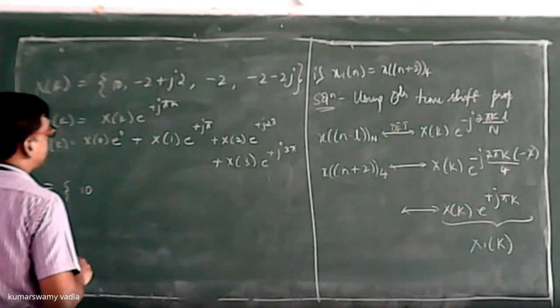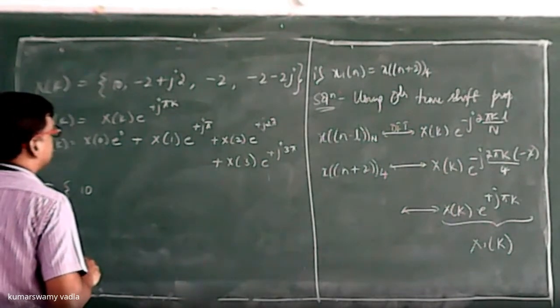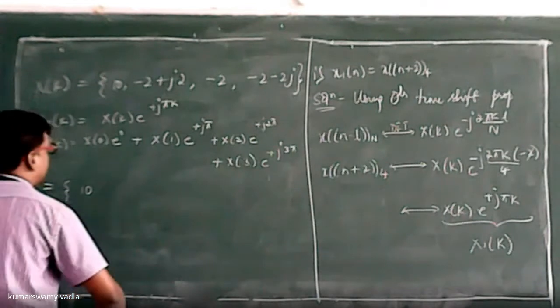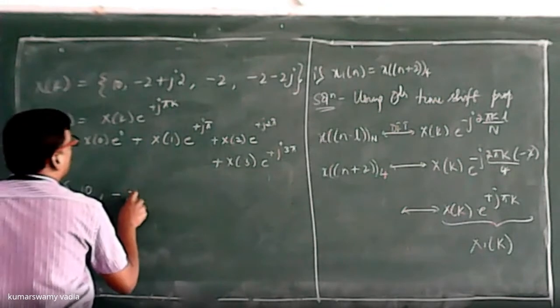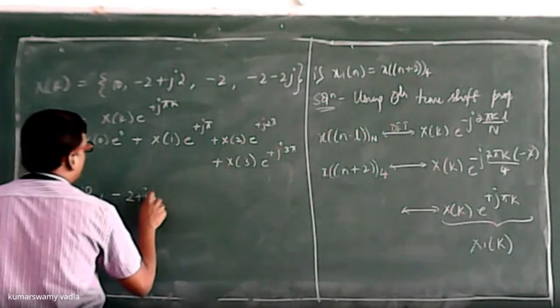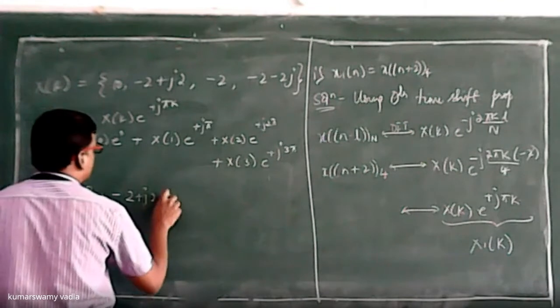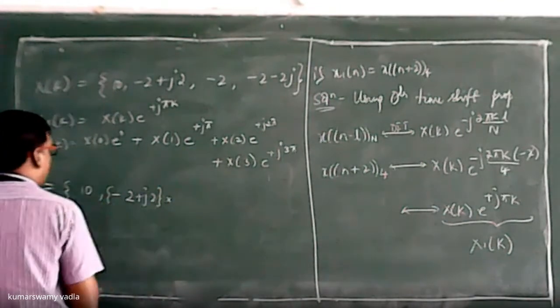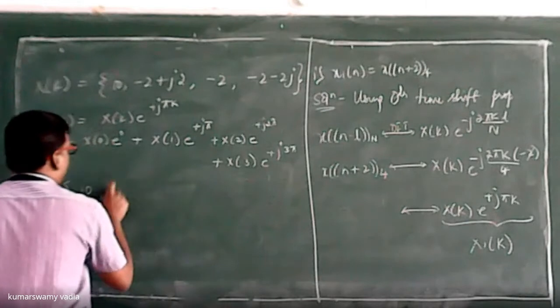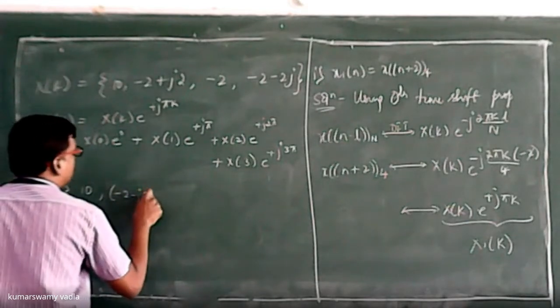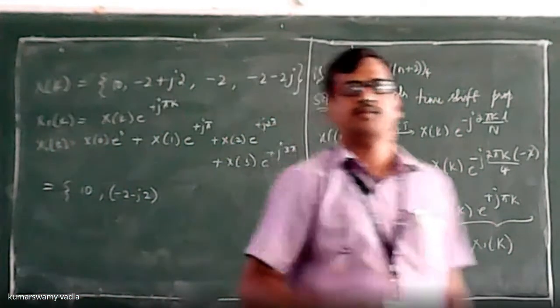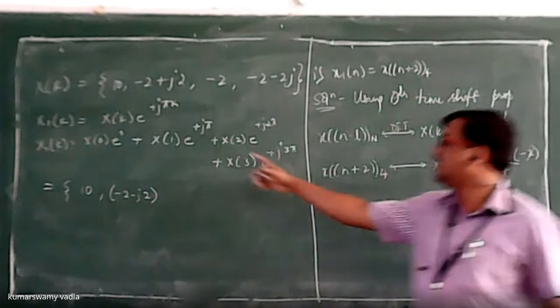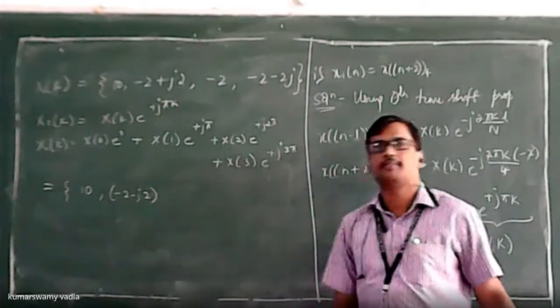Minus 2 plus j2 into what is e power j pi, please? What is e power j pi? Minus 1, sir.